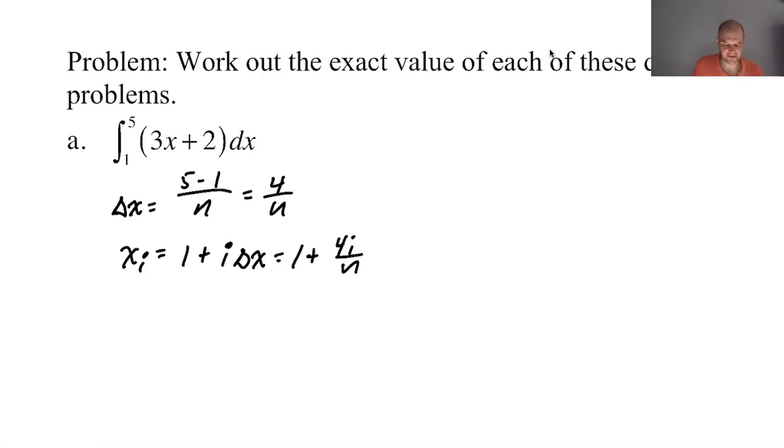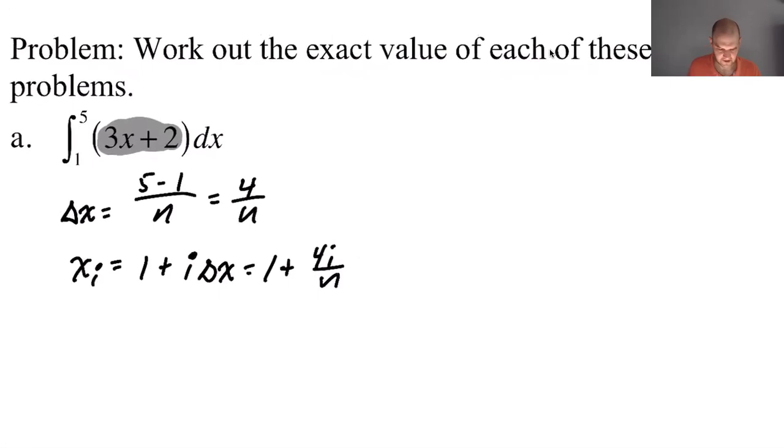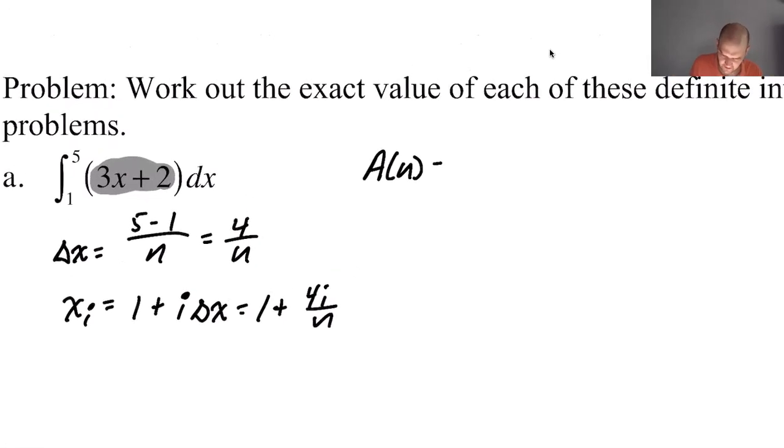And then f of x is going to be this thing. It's not terrible, it's not great. So f of x is 3x plus 2. So let's write our thing. As a function of n, the area, so this would be an approximation of the area, not the actual area, is going to be equal to the sum from 1 to n of f of x sub i.